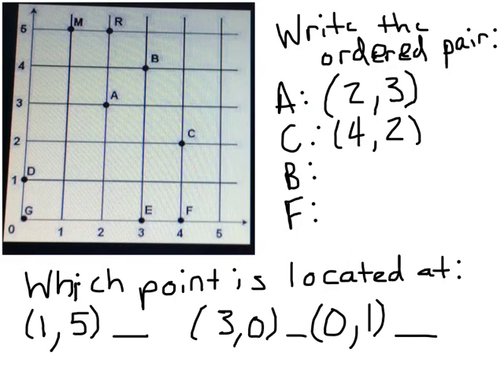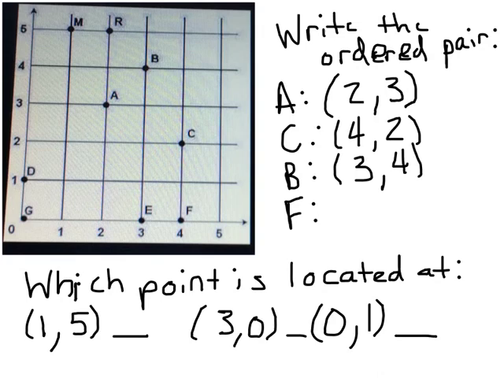What's the ordered pair for point B? Well, point B is 1, 2, 3 over on the x-axis, and 1, 2, 3, 4 up on the y-axis. The ordered pair for point B is 3, 4.